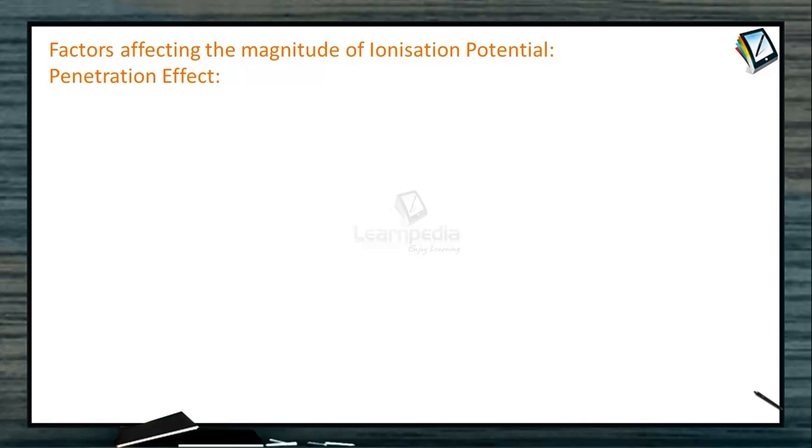Now we will discuss another factor which influences the ionization potential, that is the penetration effect. This penetration effect is nothing but the attracting power of the nucleus towards the electrons.